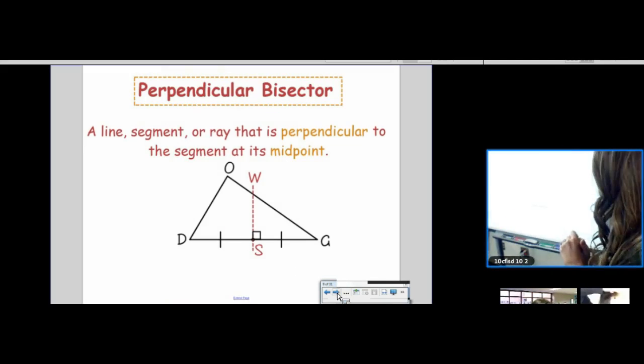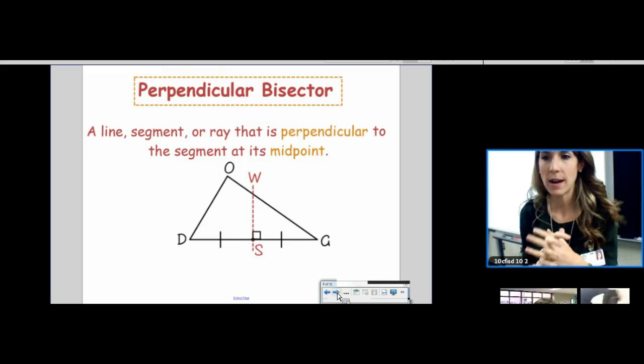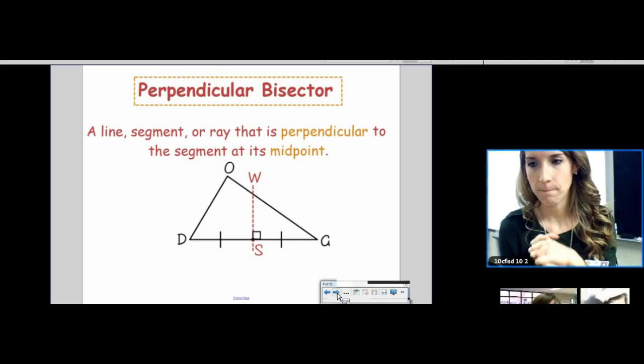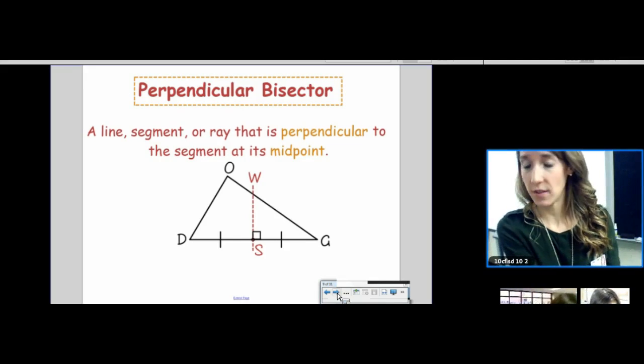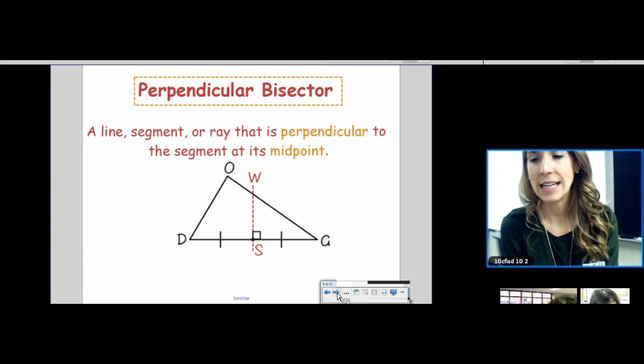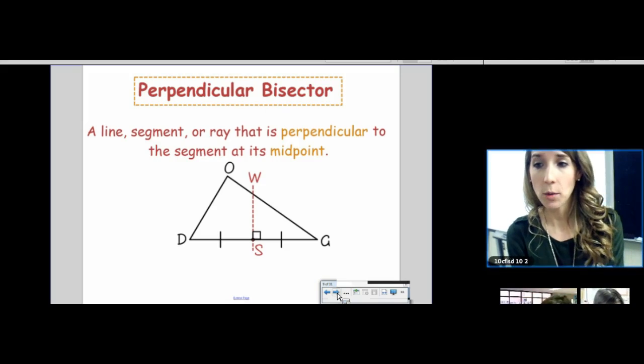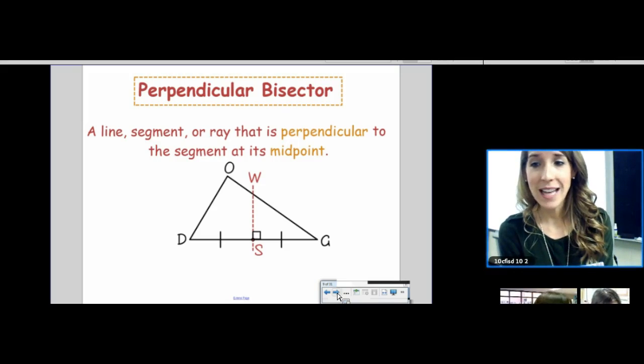Let's look at this one first. Write this down in your notes. Write down perpendicular bisector. We had a whole lesson on this before, except it just wasn't in the context of a triangle. So now we're putting it in a triangle. A perpendicular bisector is a line, segment, or ray that's perpendicular to the segment at its midpoint.